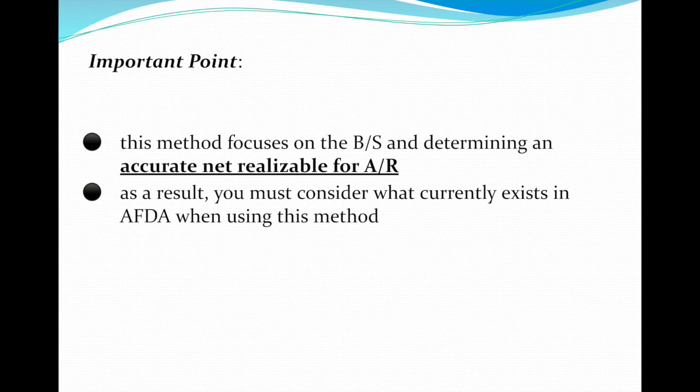When you use a percentage of accounts receivable, you have to consider the amount that's already in the AFDA account. And this is where things get a little dicey. So when questions or when companies tell you that they want a certain allowance in the AFDA account, you don't just add that in.